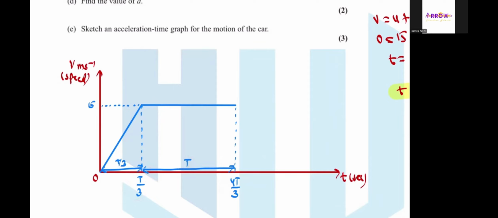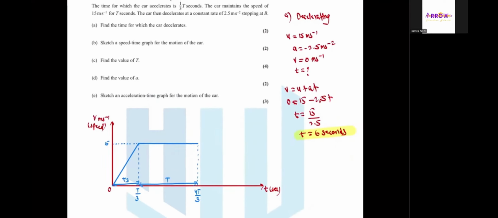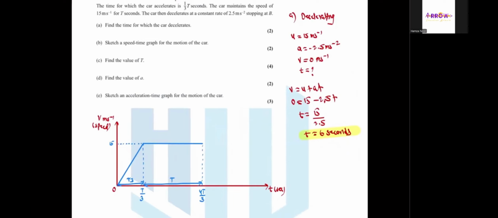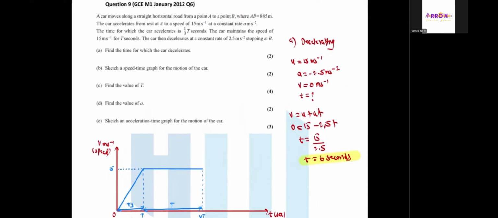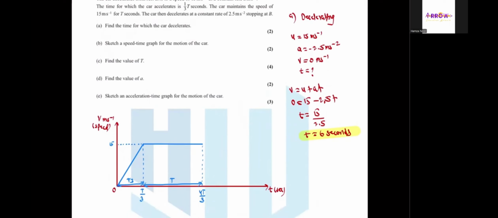All right, and then the last stage of the journey comes, where the time is 6 seconds. What we know is that the deceleration part of the journey is just 6 seconds. A very short time, 6 seconds. So where the journey ends completely, the total time of the journey will be 4t over 3 plus 6.